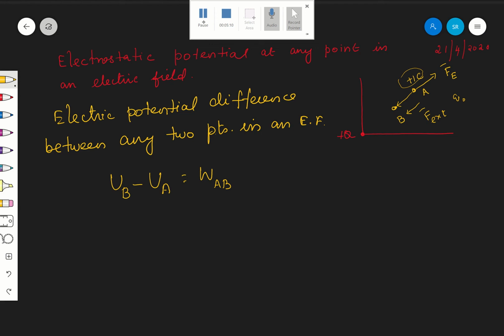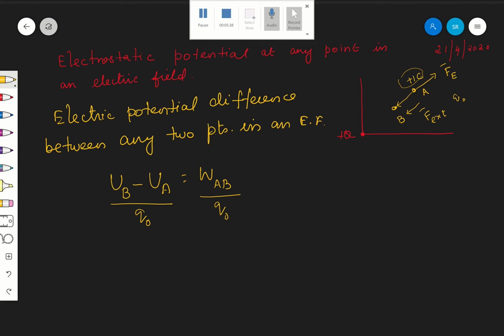Therefore, I divide it by Q naught. Why? Because potential difference is the amount of work done in bringing a unit positive charge. Therefore, UB minus UA divided by Q naught is nothing but WAB, the amount of work done in bringing a unit positive charge from one point to another without acceleration.